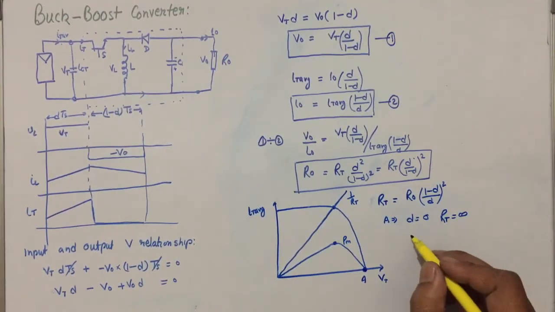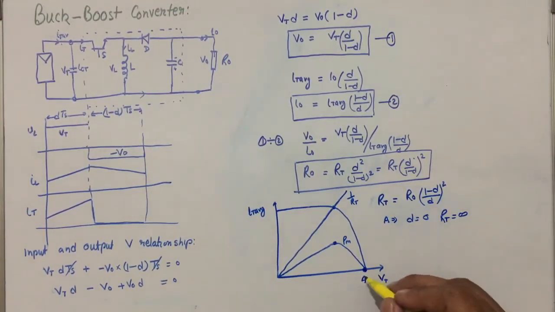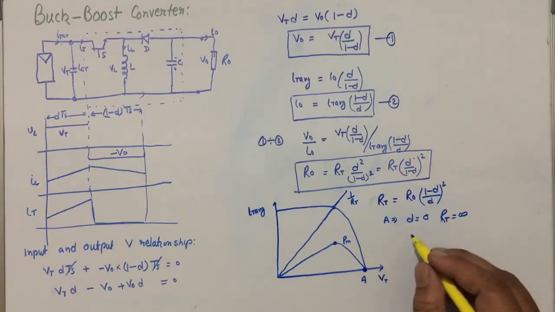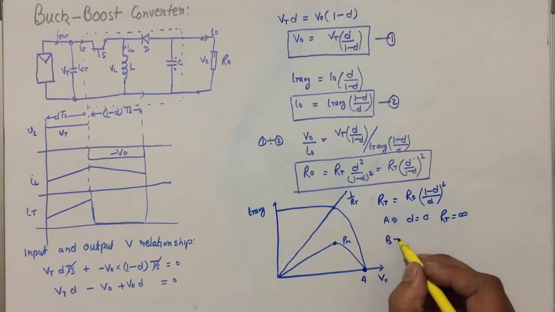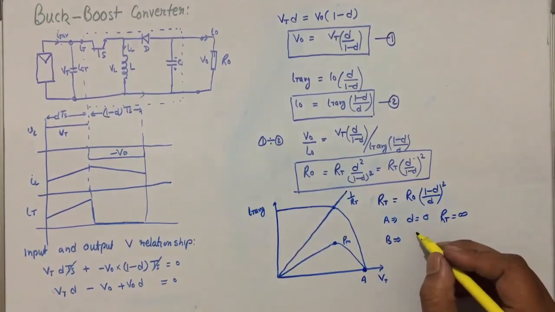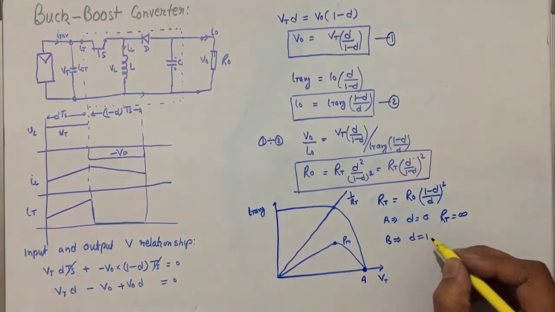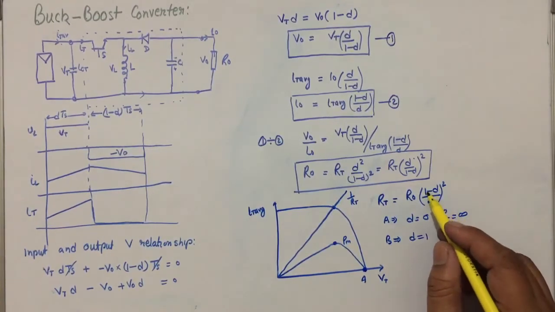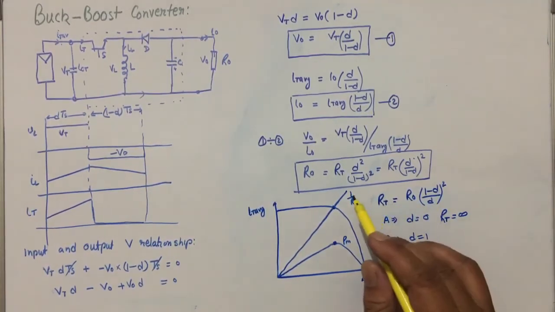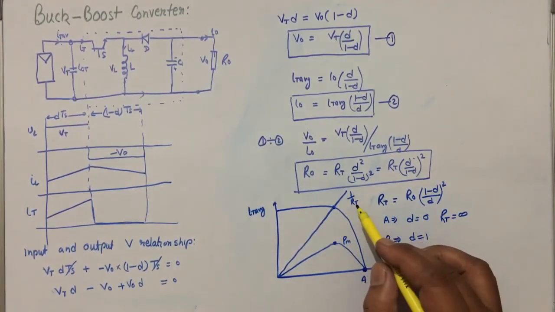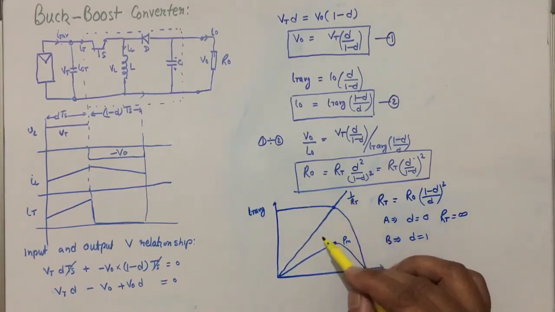For D equal to 1, the point of operation will be here. In the second case, case B, consider D equal to 1. Once D is 1, RT will be 0, and the slope, 1 by RT, being 1 by 0, will be infinite.